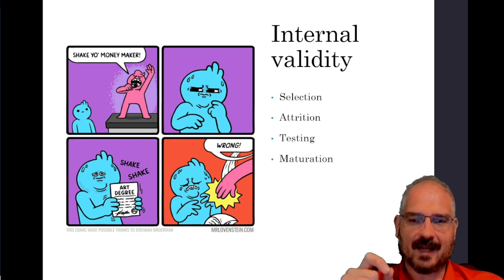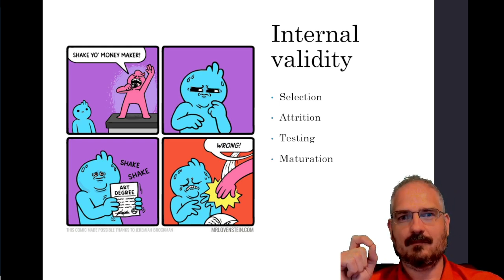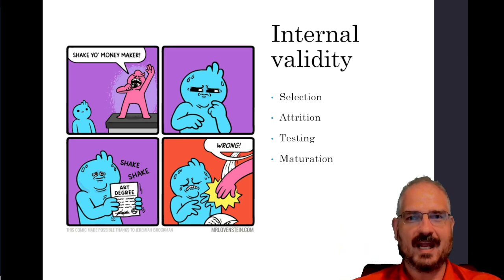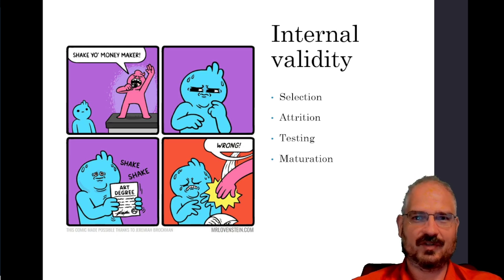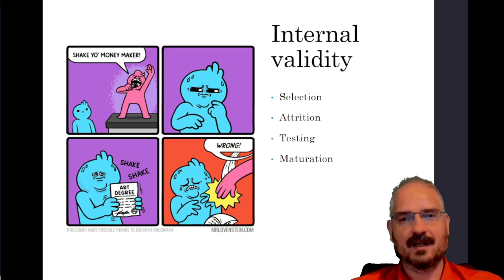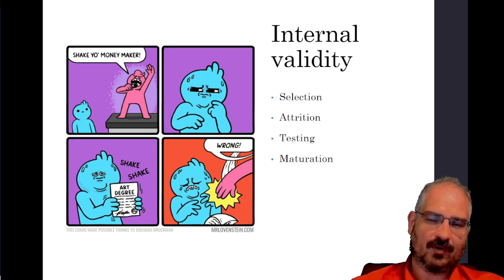But with selection bias, we have in a prison, some prisoners get a rehabilitation program. Then we measure the recidivism after they leave prison, and the prisoners who got the rehabilitation program have much lower rates of recidivism than the group that didn't get the rehabilitation program.